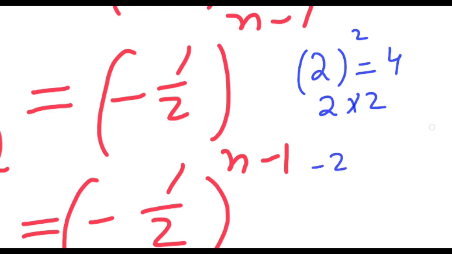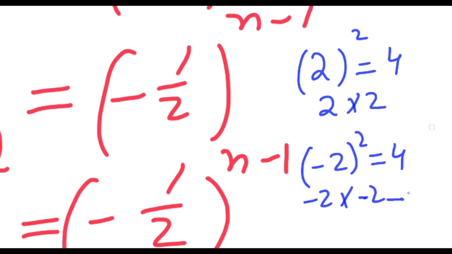But if you have negative 2 power 2, the answer is still 4, because negative 2 multiplied by negative 2 is a positive 4, negative times negative is positive. That's why, when the power is even, I can write negative 2 or positive 2, it doesn't matter.